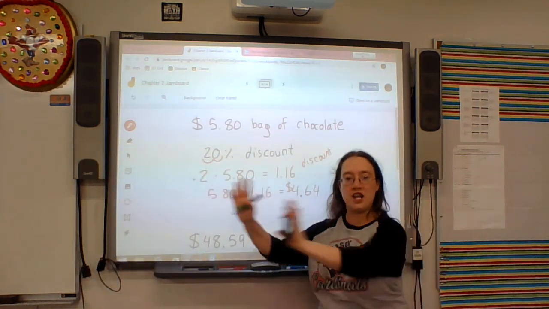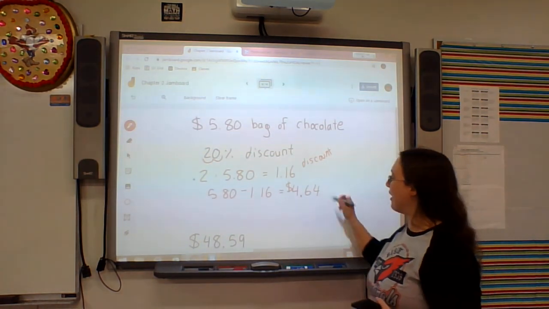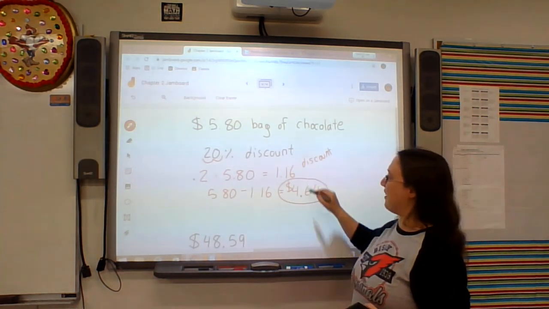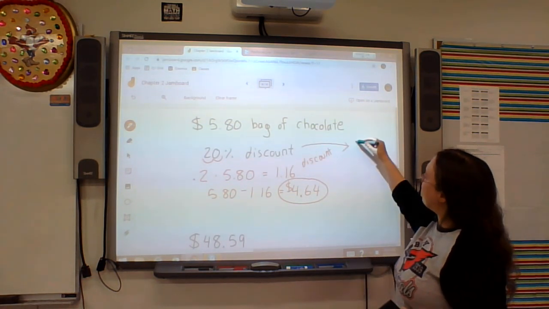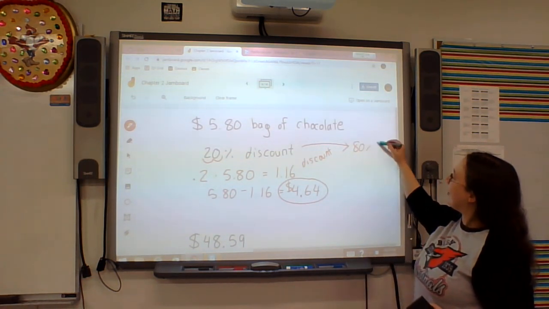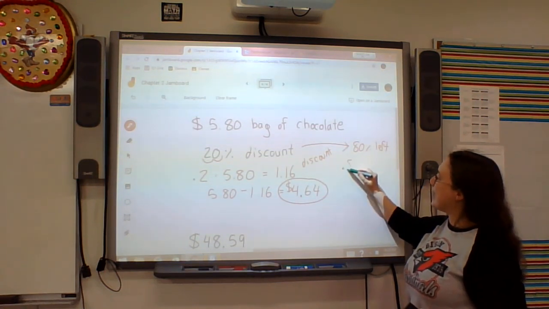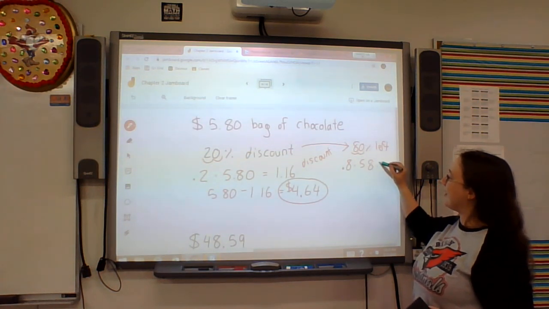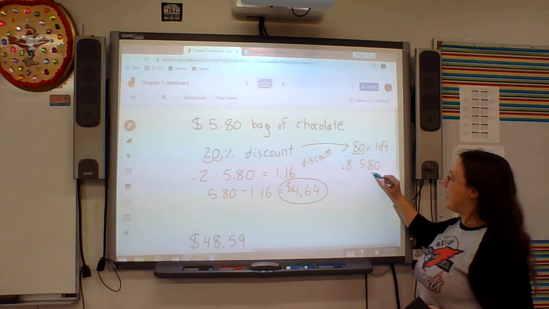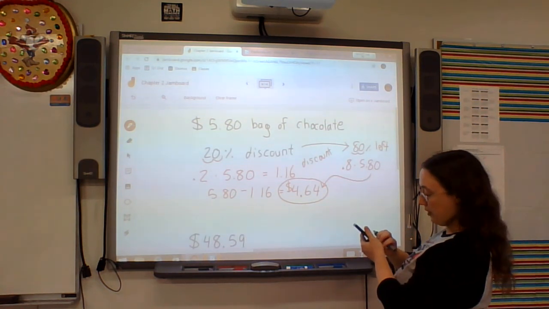So if I take away 20%, that's 80% that's still there. So another way to get to this is to say if I have a 20% discount, that's 80% that's left. So I can also take 0.8 times that 5.80. And that will get me right to that without that in-between step.